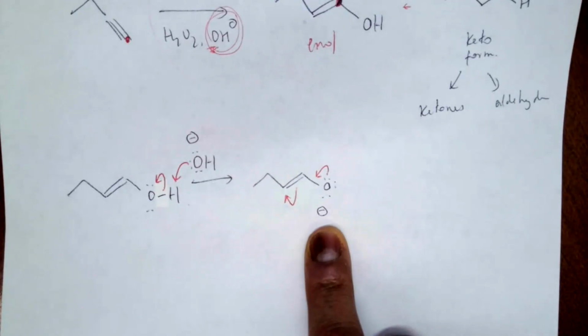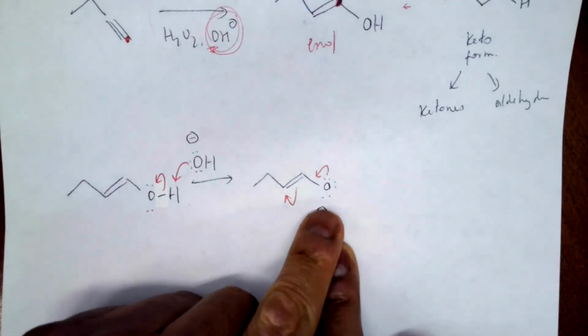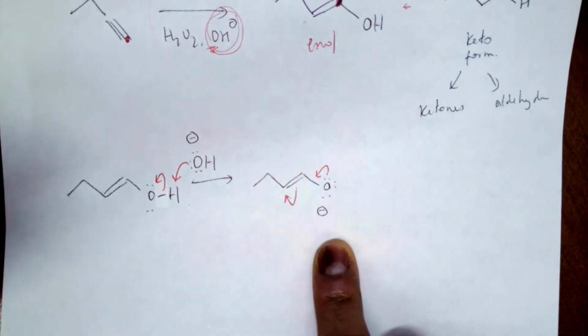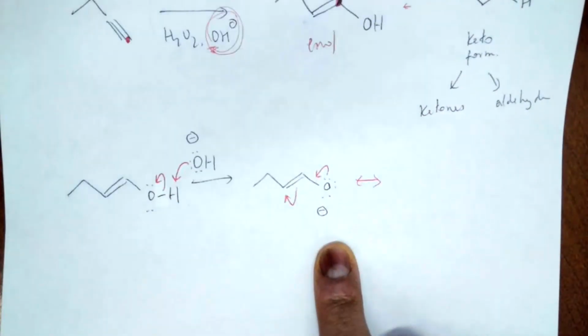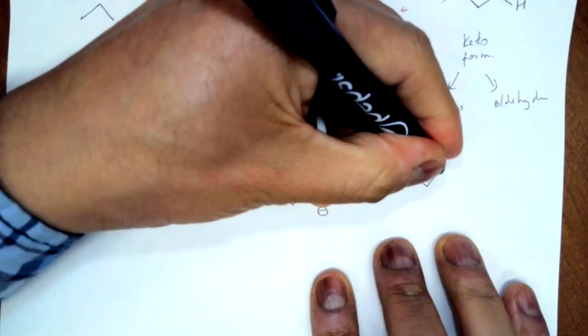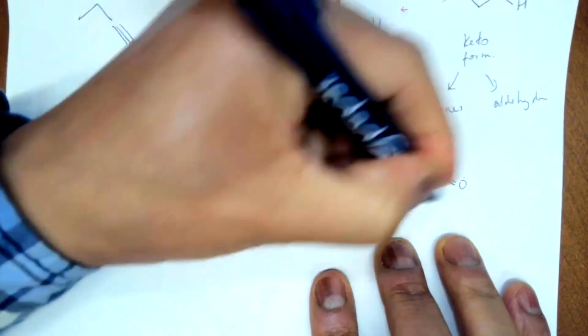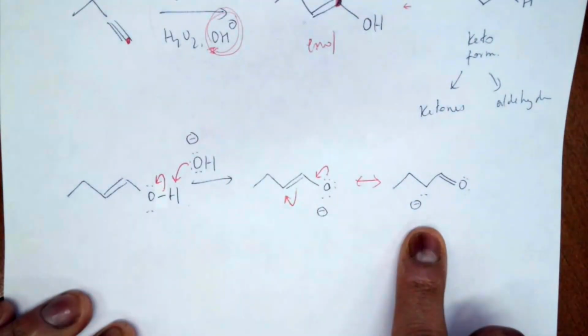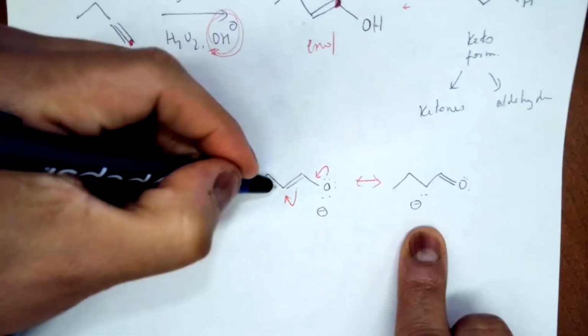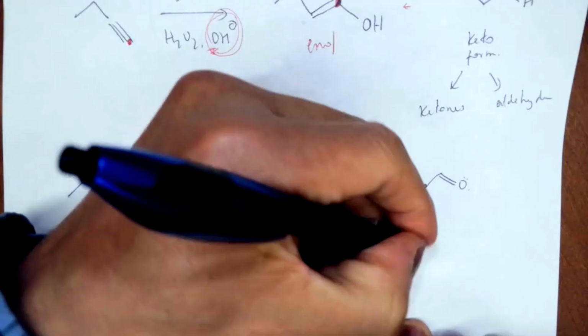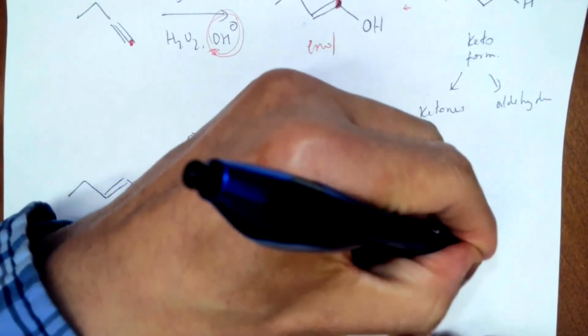That's why hopefully we remember resonance. There is a conjugation: negative charge, single, double. That's resonance. The resonance structure would be this carbon with the minus. And now comes water. Water is everywhere.